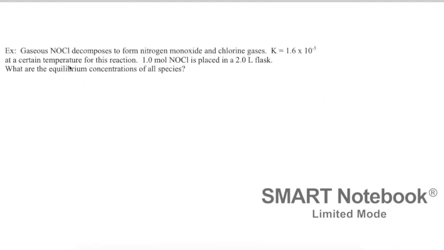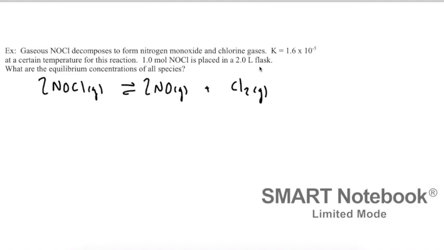All right, so we have gaseous NaOCl decomposing to form gaseous nitrogen monoxide and chlorine gas, Cl2. So it looks like I'm going to need a 2 here and a 2 here to balance this. There's my K value, and fill out my ice table.